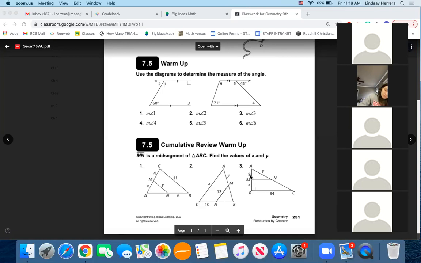What's our value of Y? Any thoughts? How do we find Y? I'll give you a clue. It has to do with the fact that it's a right triangle.